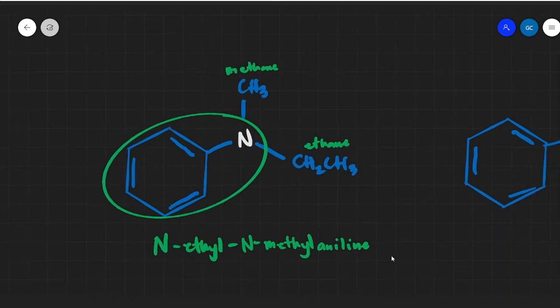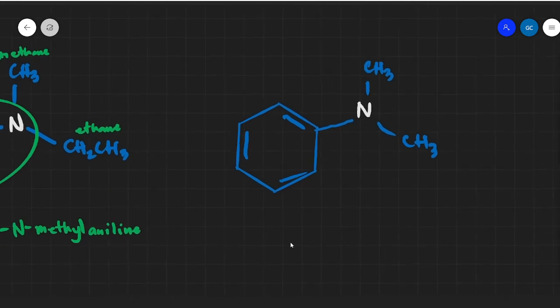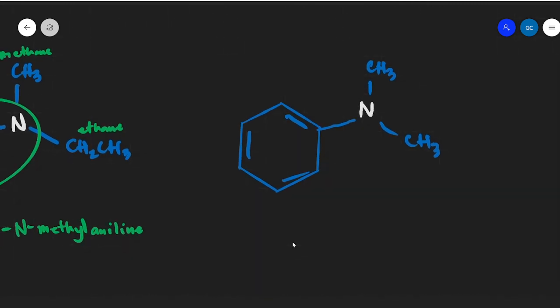For some scenarios where the R groups attached to our aniline are the same, you will still follow the same steps we did earlier. As you may notice, we have two methyl groups attached to our nitrogen here.